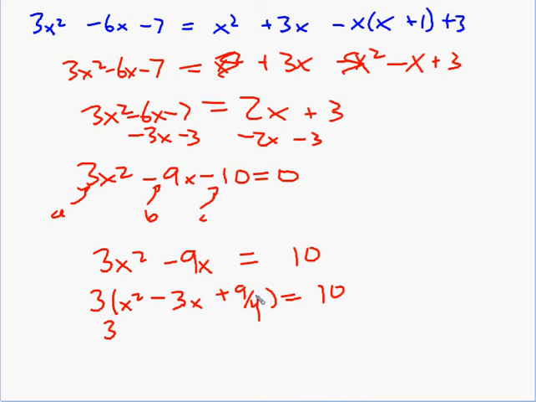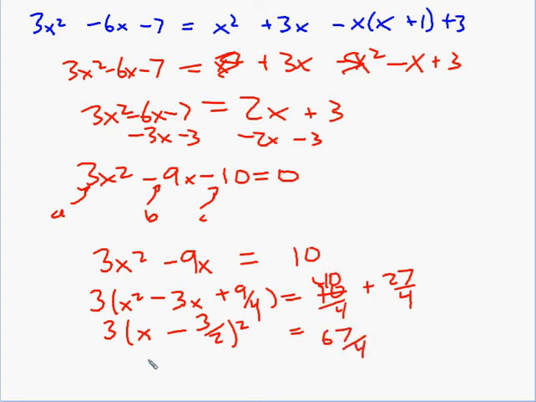If I add something here, I have to add something here, and it is 3 times this amount because of that 3 out there, so plus 27 fourths. Minus 3 halves. Let's get this into the same thing, so 67 fourths. And now we divide by 3. And square root.